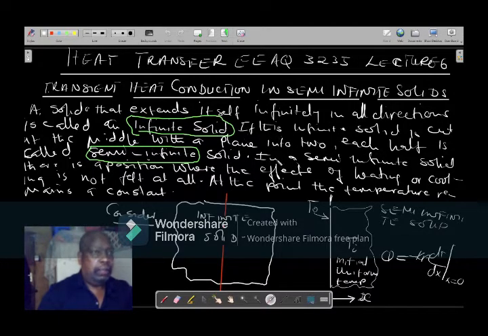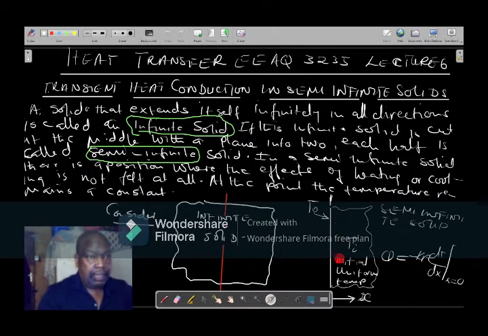So if the same infinite solid is cut into two, as shown in the diagram, at the middle with a plane, then each half, this half and that half, is called a semi-infinite solid.